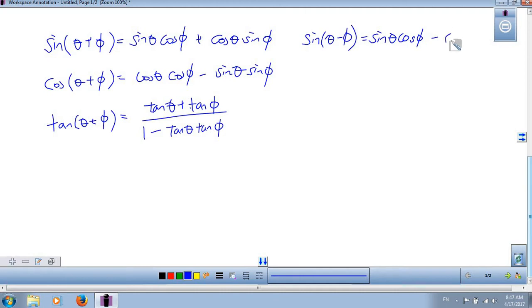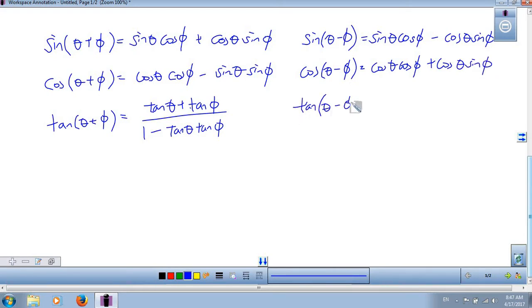It will be sine theta cosine phi minus cosine theta sine phi, and cosine of theta minus phi will be cosine theta times cosine phi plus sine theta sine phi. And for tangent of theta minus phi, the sign will be changed as well.